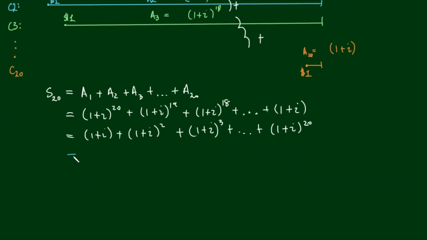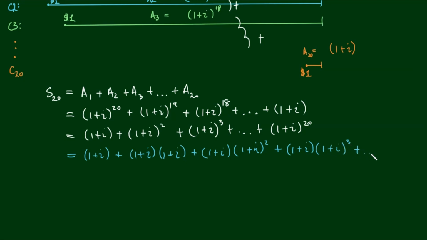And now I'm going to write it like this: (1 plus I) plus (1 plus I) by (1 plus I) plus (1 plus I) by (1 plus I) squared plus (1 plus I) by (1 plus I) cubed plus dot dot dot plus (1 plus I) by (1 plus I) to the power of 19.